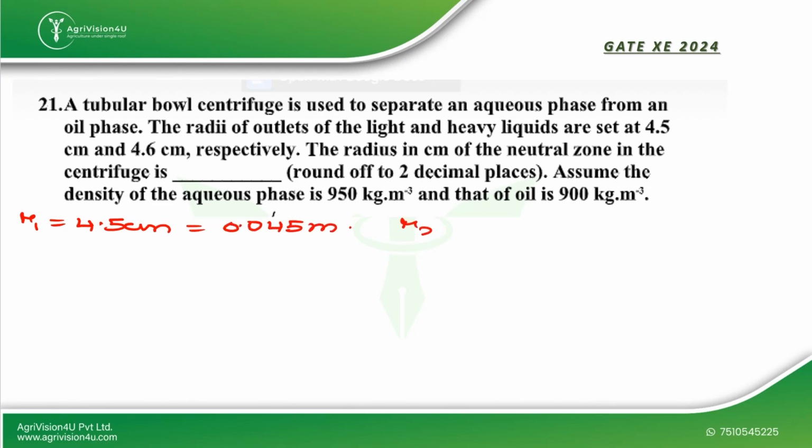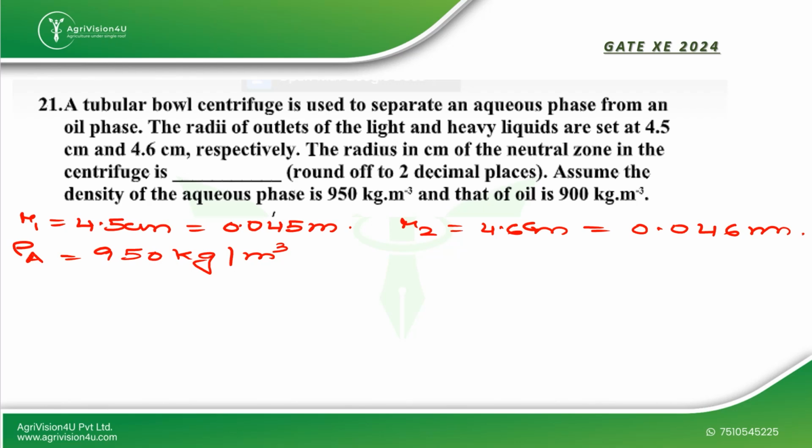R2 is given as 4.6 centimeter, so that is 0.046 meter. The first density is given 950 kg per meter cube. Second, it's 900 kg per meter cube. So we'll calculate R from here.